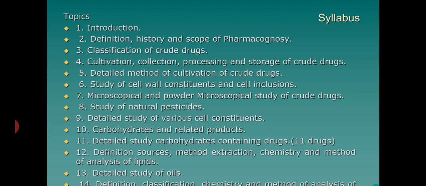And the next topic is cultivation, collection, processing, and storage of crude drugs. Whether it is the asexual method of cultivation, the sexual method of cultivation, or wild cultivation, what are the different processes involved in collection, after collection, and storage of crude drugs is very important. If the drug is not properly stored, it will not be stable.